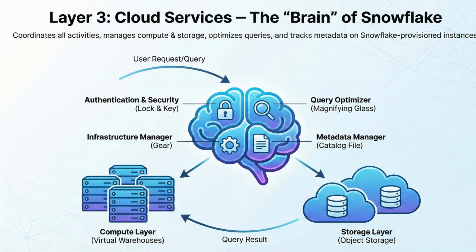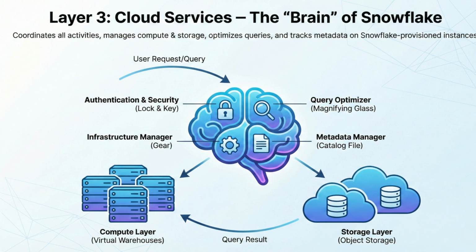Now let's understand the cloud services layer, which is often called the brain of Snowflake. This layer coordinates and controls everything that happens inside Snowflake. Whenever a user submits a query, the request first comes to the cloud services layer. The authentication and security component verifies user identity, roles, and permissions, ensuring secure access.